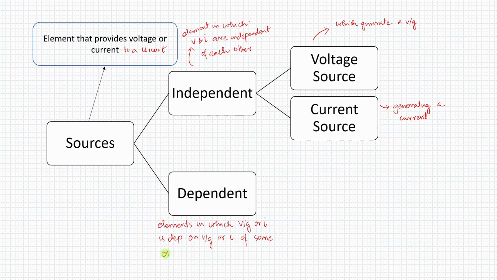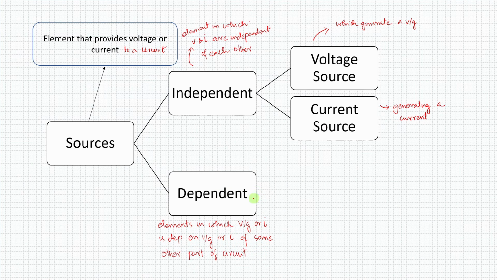So this is the main difference between the independent source and the dependent source. In an independent source, if it is a voltage source, the voltage is independent of the current in any part of the circuit. If it is an independent current source, the current is independent of any other part of the circuit. But in dependent sources, either the voltage or current is dependent on the voltage or current in some other part of the circuit.